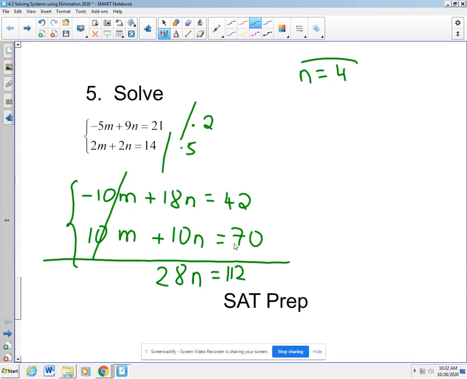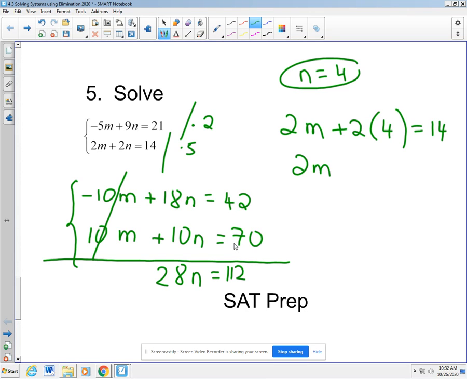How do you get the other variable? Let's substitute n. I will use the second equation. So I can use 2m plus 2n, but I'm going to substitute 4, is equal to 14.